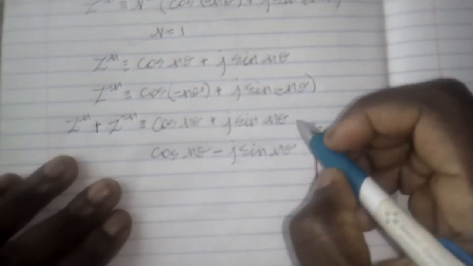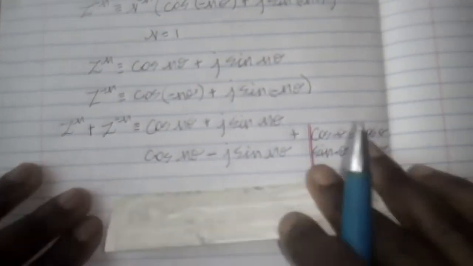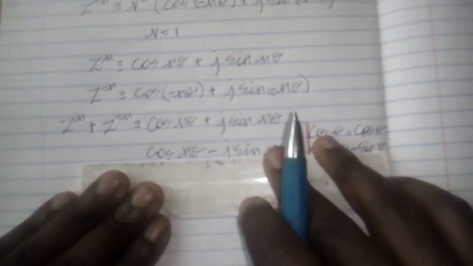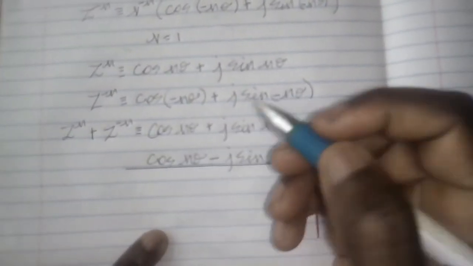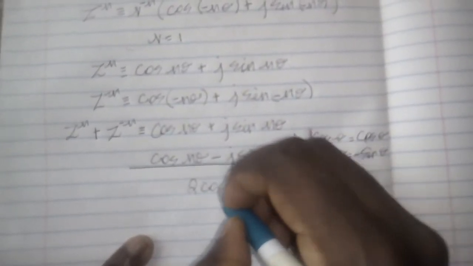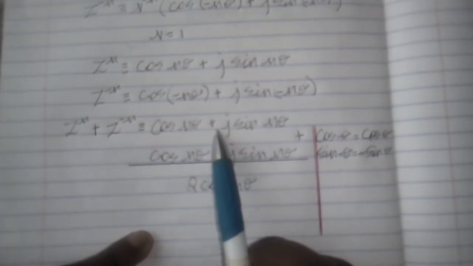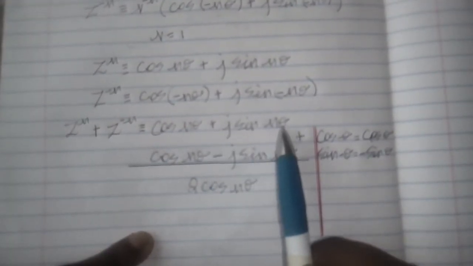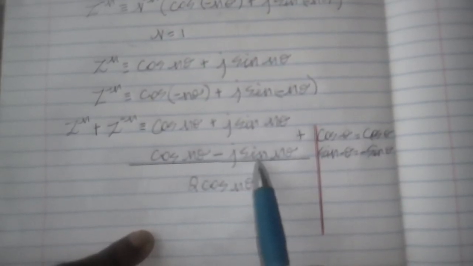Good. Now we are adding these two. So cos n theta plus cos n theta is 2 cos n theta, plus j sin n theta plus minus j sin n theta.